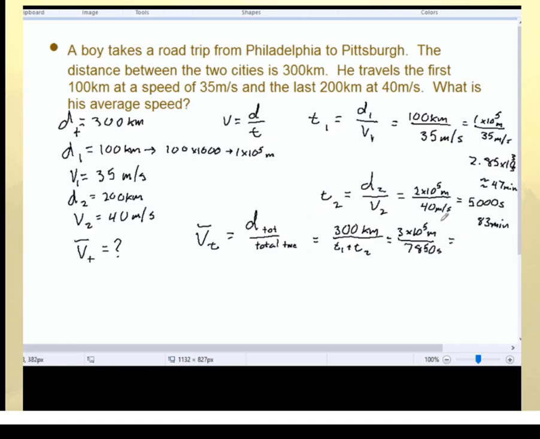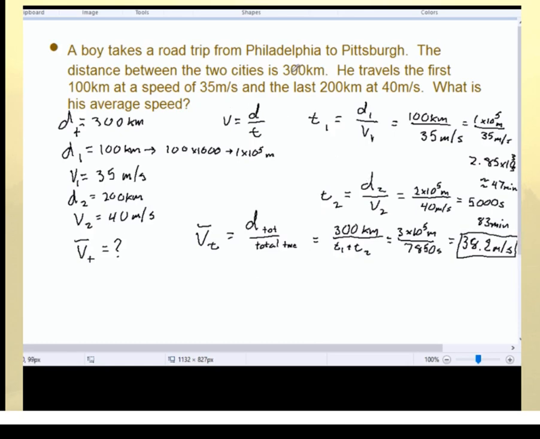So 3 times 10 to the 5th divided by 7,850 equals 38.2 meters per second. Okay, so now, is that something that's reasonable?